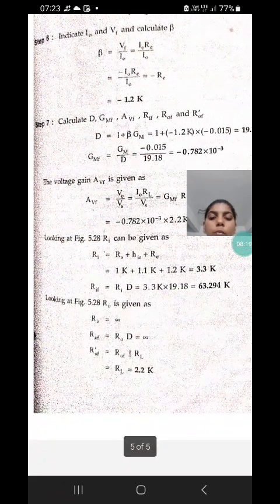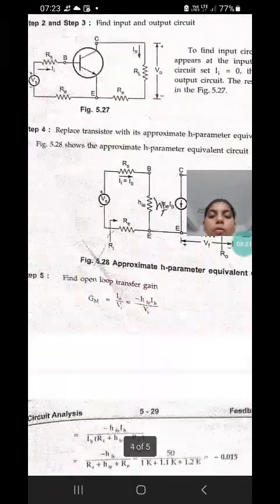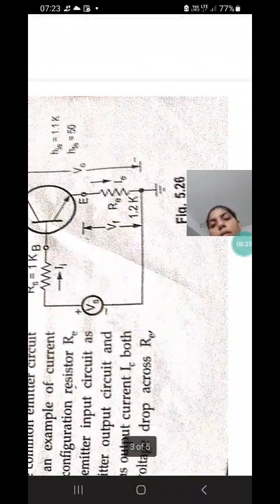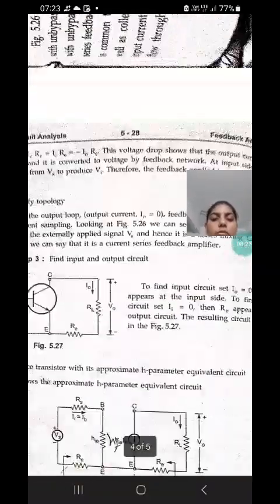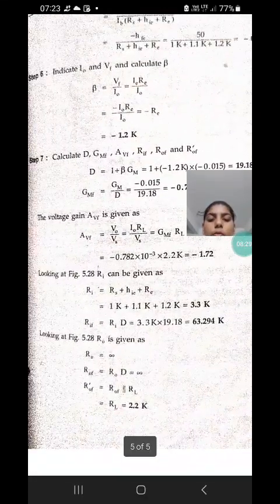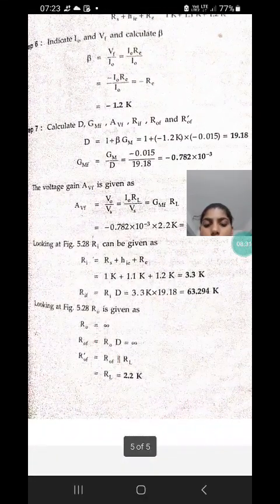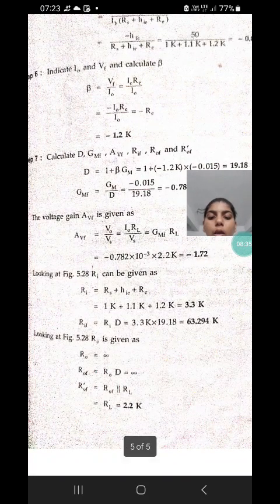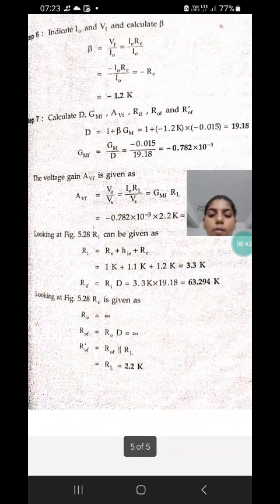And R0, the output resistance: in the above circuit there is no resistor present in the output circuit, so the output resistance becomes infinity. We calculate R0 into D, and we get R0 equal to infinity, then R0f is also infinity.